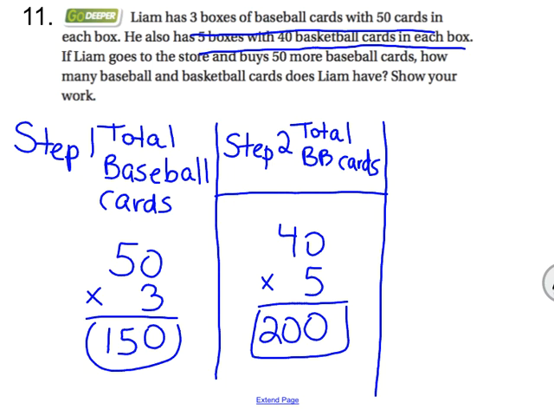Here's the thing. I don't know how many baseball and basketball cards we have together. So before he goes and buys, I need to know how many baseball and basketball cards we have so far. So my step 3, okay, step 3 is to add 300.